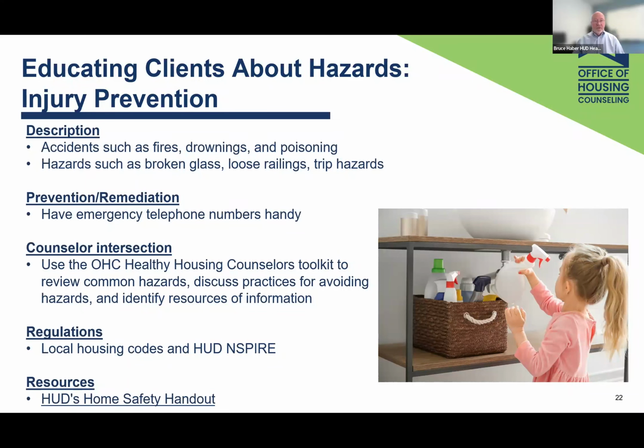You can use the Office of Housing Counseling Toolkit to review the common hazards and discuss practices for avoiding them. Usually, again, talking about regulations, it's local code. If it's a rental property, there could be code enforcement for the landlord to fix things that are broken. And then we do have the Healthy Homes home safety handout.